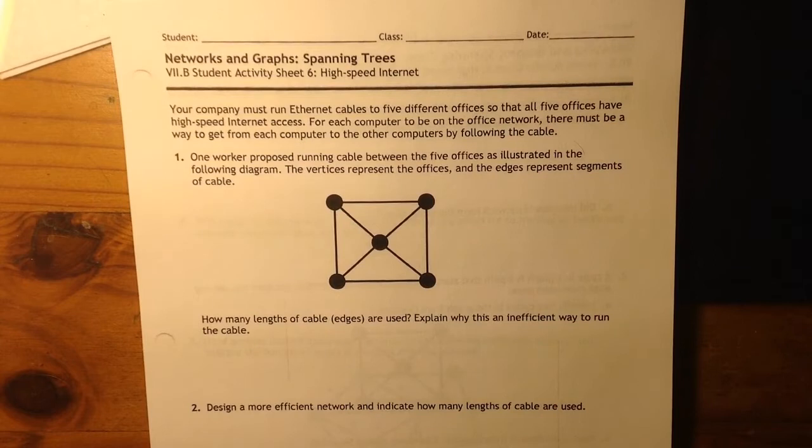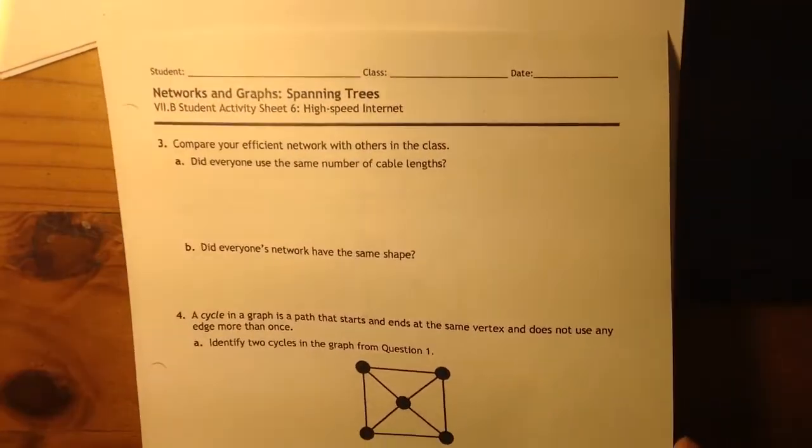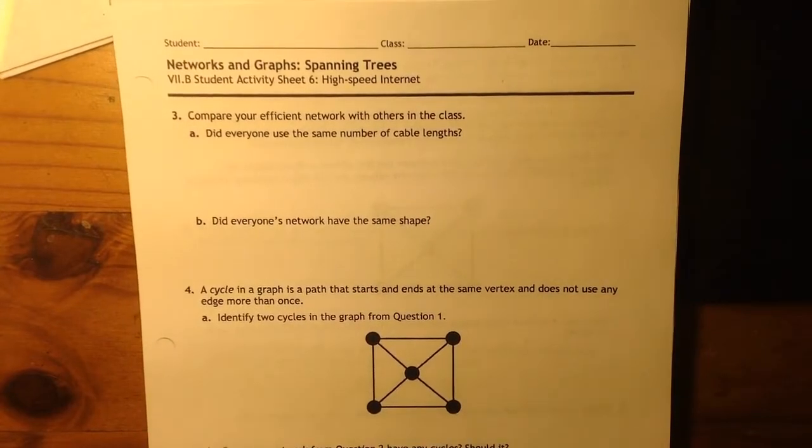Okay, so I'm going to pause the video and let you answer this. You can explain your design and how many lengths of cable. All right, since you're on your own, you're not going to be able to compare your efficient network with others in the class.